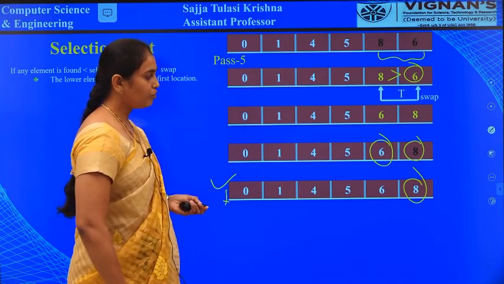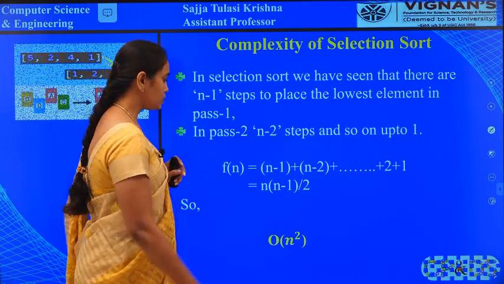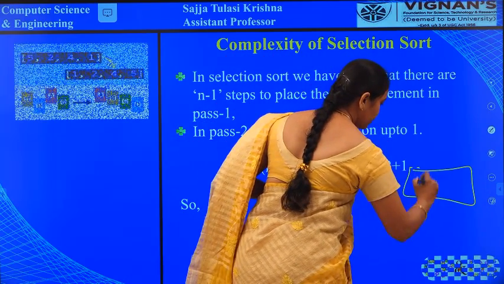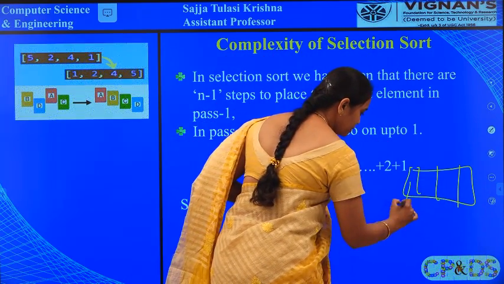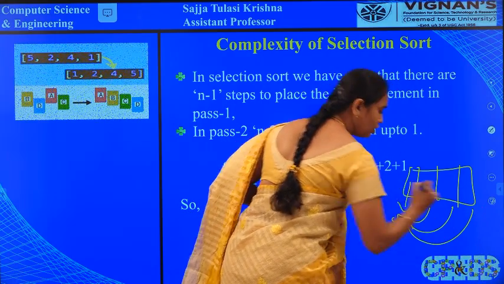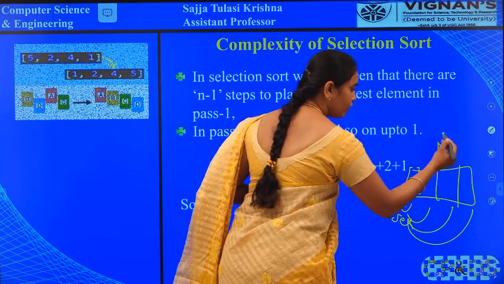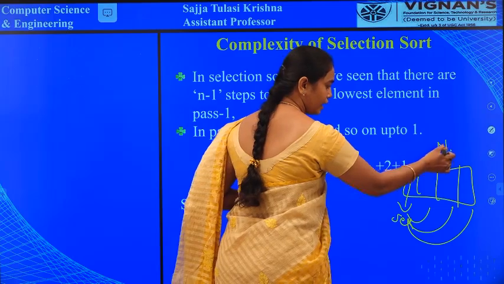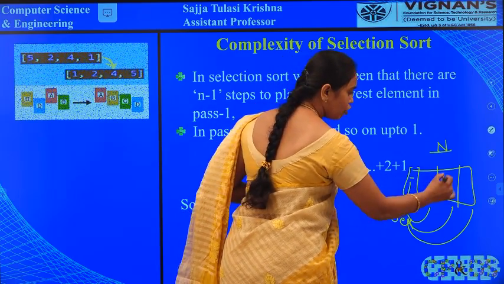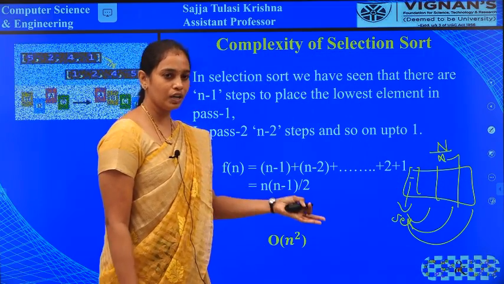So with the help of this, we have to conclude with the complexity. In this selection sort also, the first array element, meaning the first selected element, is compared with all the remaining elements. If the size of the array is n, the selected element is already excluded. So how many elements do we have to compare here? n minus 1 elements.